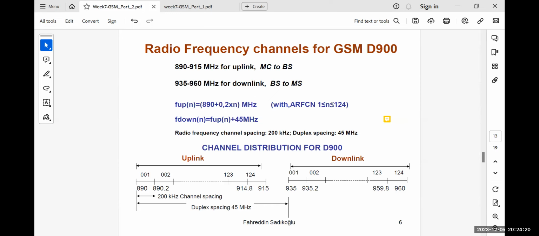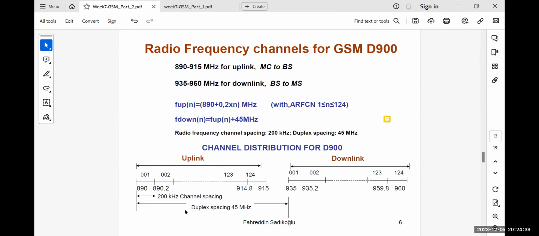For example, say you are using 890, the first channel, right? 890 is for the uplink, and in that case 890 plus 45, that is 935 megahertz, is for the downlink, right? So this is the duplex spacing of 45 megahertz between the uplink and the downlink.